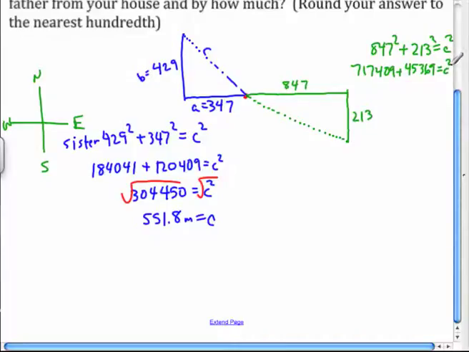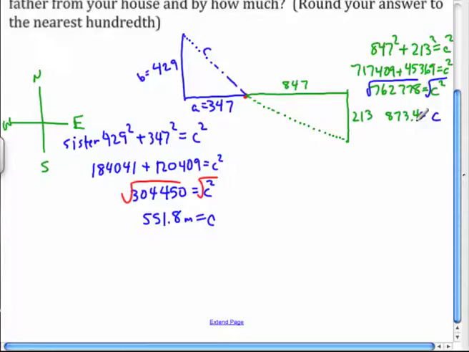Now if I add that to 717,409, I'm going to get 762,778, but that's what C squared equals. So remember, I have to take the square root of both sides, and I'm going to get that C is equal to 873.4 approximately.